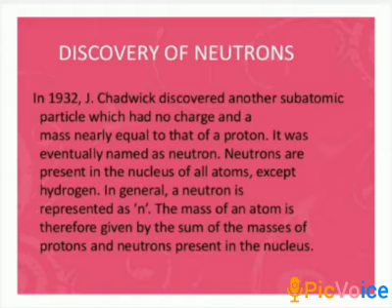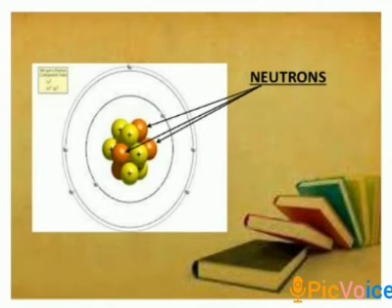This problem was solved by the discovery of another subatomic particle by James Chadwick in 1932. This particle is called neutron. So, the neutron is a neutral particle found in the nucleus of an atom. Again, I repeat that the neutron is a neutral particle found in the nucleus of an atom.